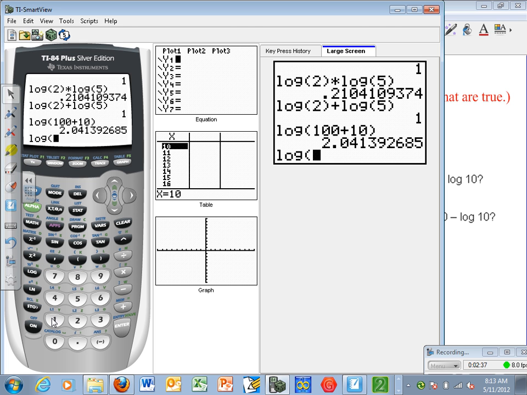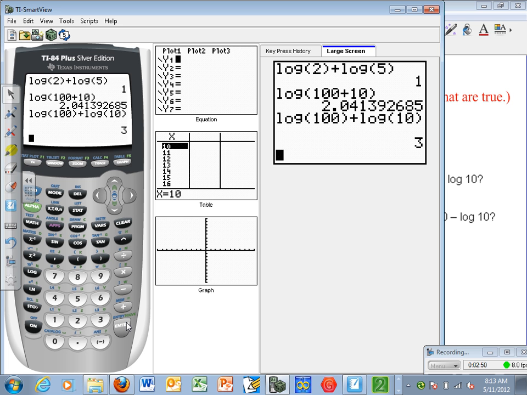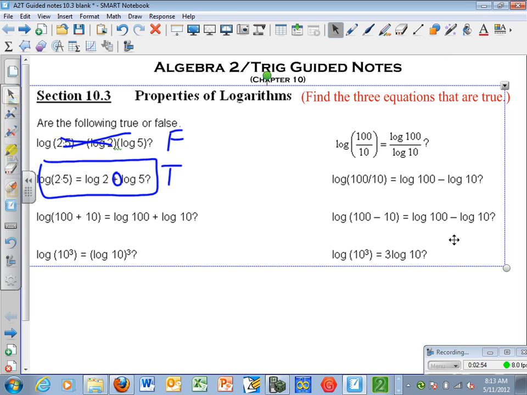So log of 100 plus log 10, and that equals 3. So as you can see, we did not get the same thing there. So that one's not true. So that's false.